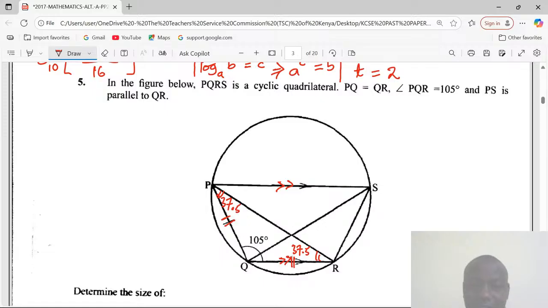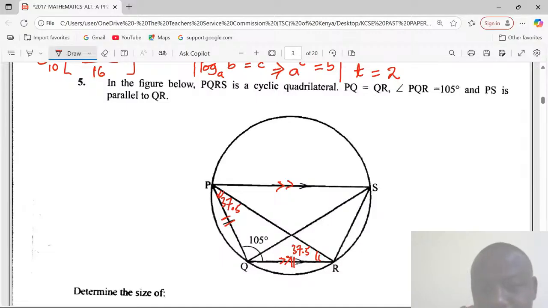Now, the other thing that I want us to observe very keenly is that according to the properties that govern angles in circles, we know that angles subtended by the same chord are usually equal.